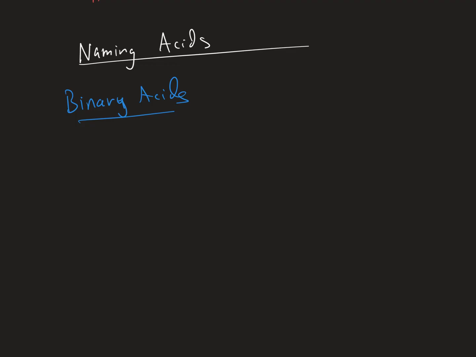So let me just give you some basic points here. There's a prefix for binary acids, and the prefix is always hydro. So all binary acids will have the prefix hydro.